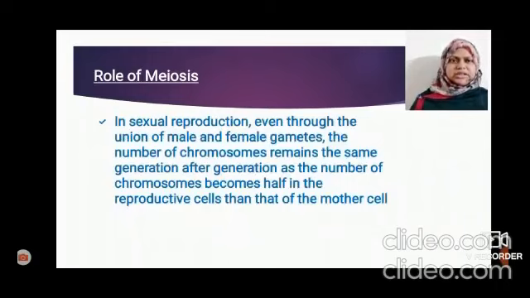In sexual reproduction, even through the union of male and female gametes, the number of chromosomes remains the same generation after generation, as the number of chromosomes becomes half in the reproductive cells than that of the mother cell.